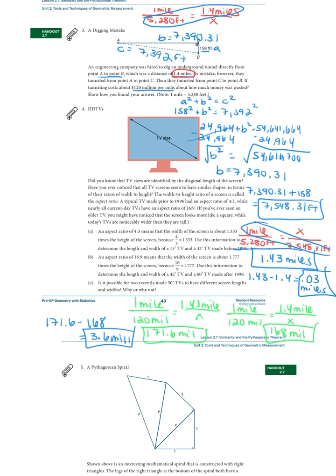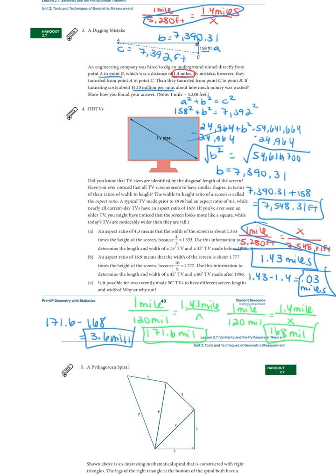All right, moving on to number 4. I'm going to just do it on the other side. Okay, did you know that TV sizes are identified by the diagonal length of the screen? Have you ever noticed that all TV screens seem to have similar shapes in terms of their ratios of width to height?